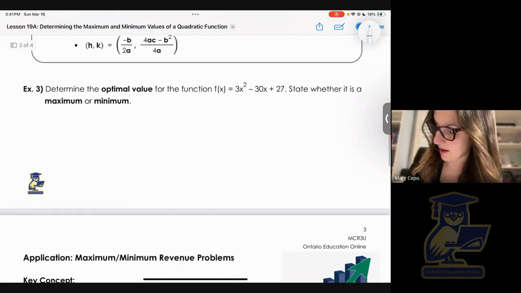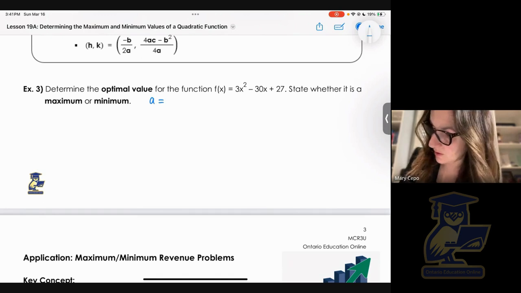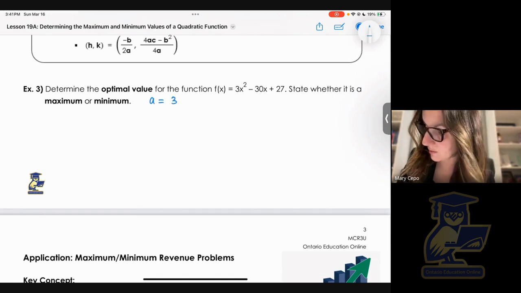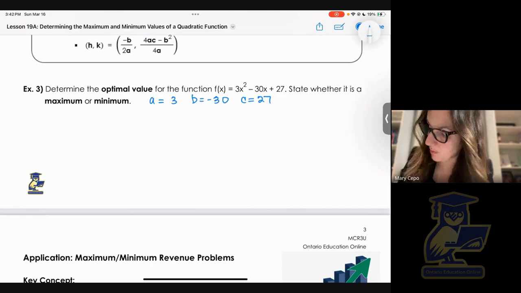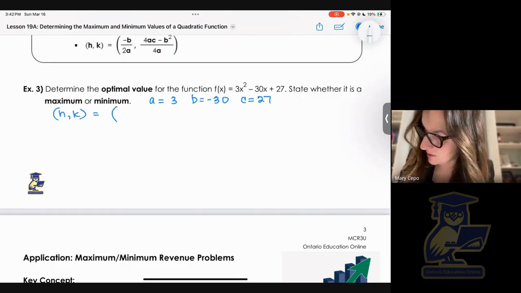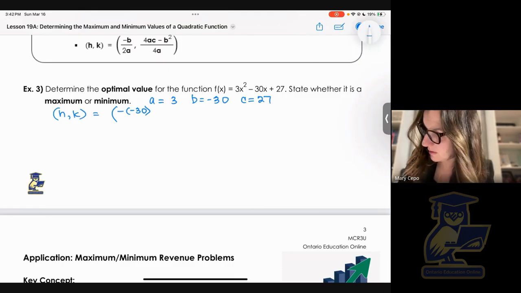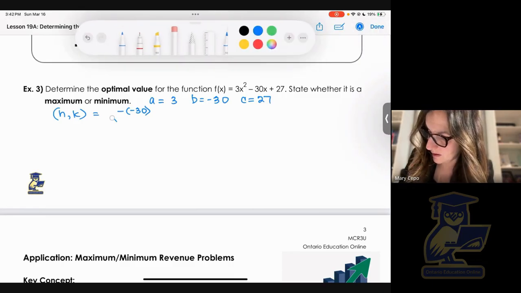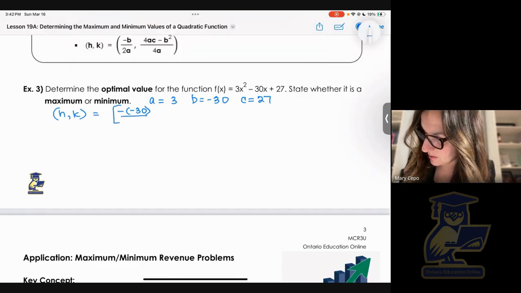So in this case, a is equal to 3, which is the coefficient in front of x squared. b is equal to negative 30, and c is equal to 27. So if we wanted to know the vertex, we're going to take negative b, so negative 30, and then we're going to divide it by 2 times a, so 2 times 3.